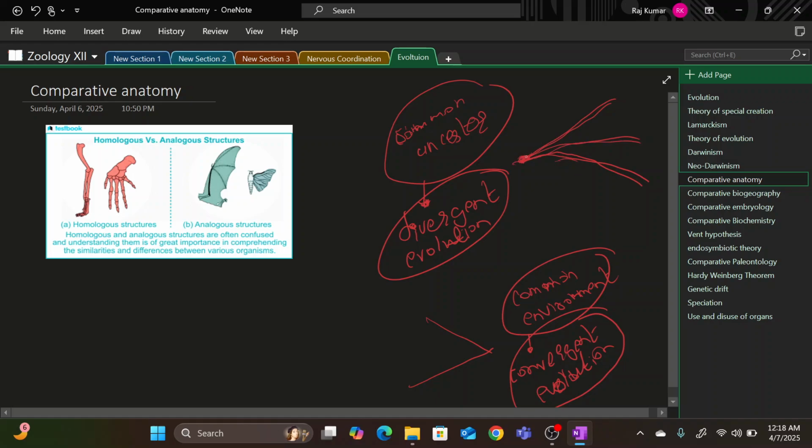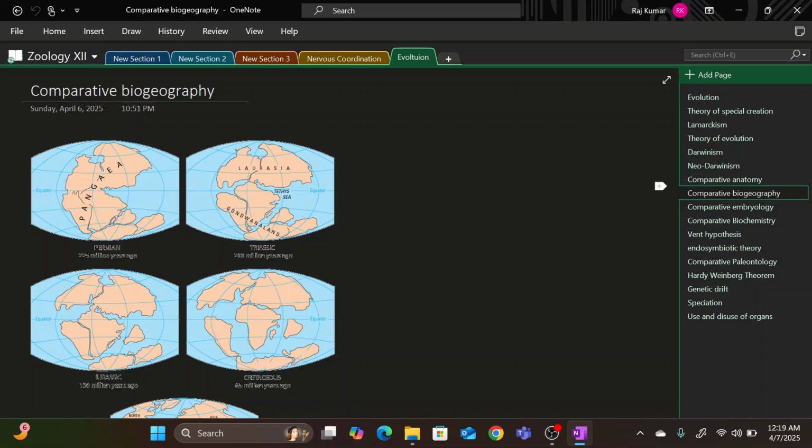So in homology, we get the idea of a common ancestral structure, the origin from where different structures diverged in different types of organisms. It is the opposite for convergent evolution, where different structures came together performing a similar function, and that comes under the analogous category.